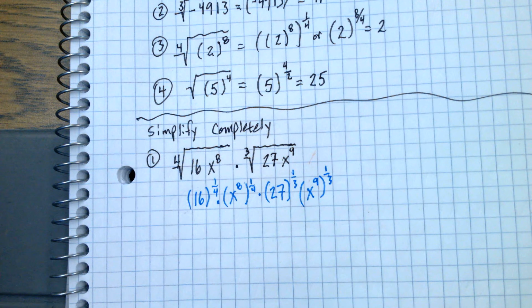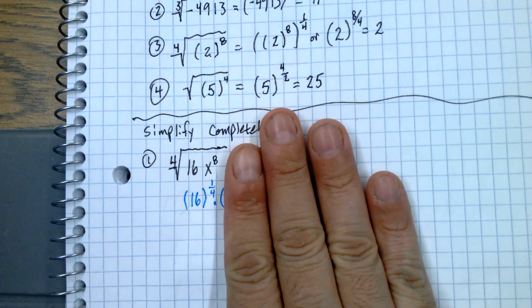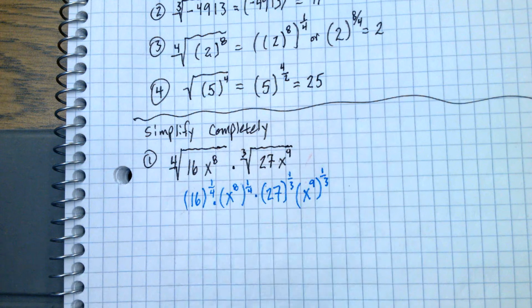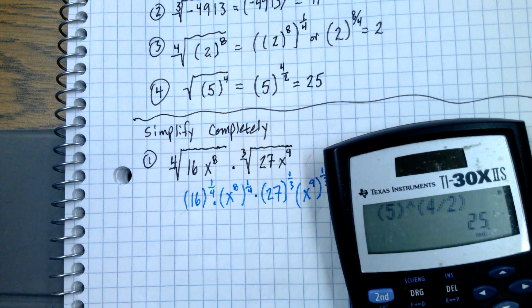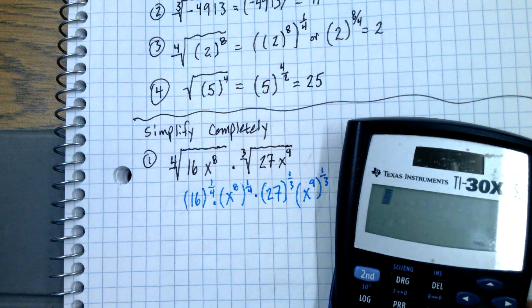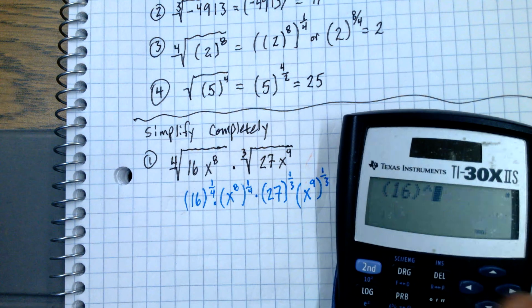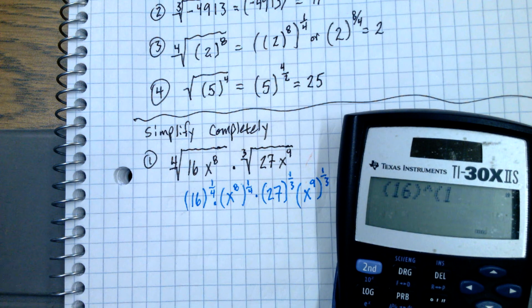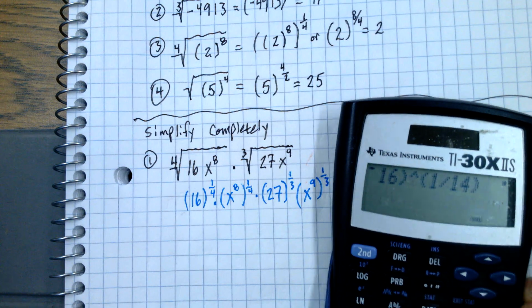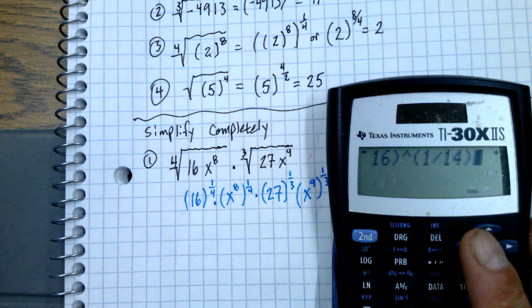Now, let's figure out what 16 to the 1/4 is. That's where the calculator comes in, in case you don't know it. So I'm going to say 16 raised to the 1/4.